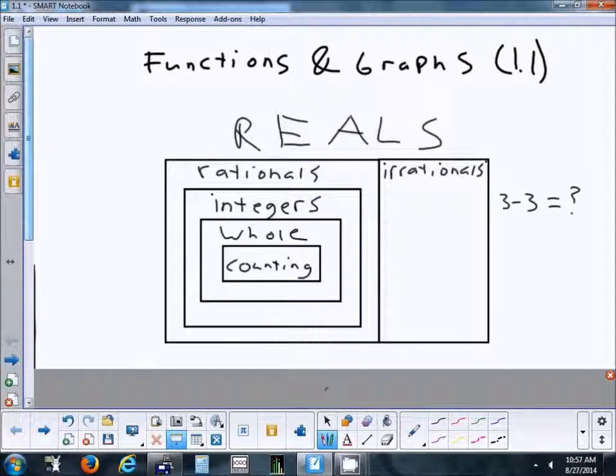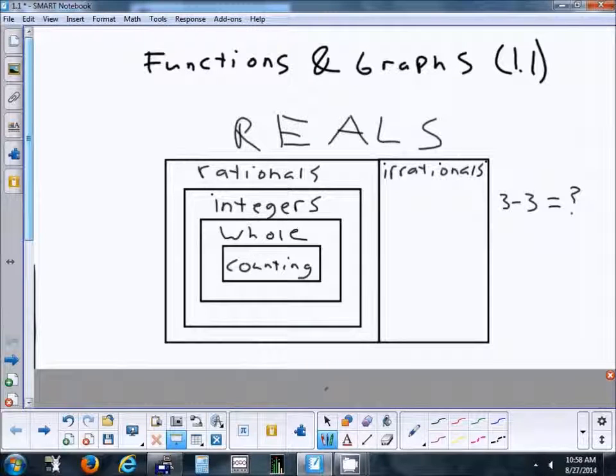No fractions, no decimals. Can anybody think of a problem we could still have, though, doing addition, subtraction, multiplication, or division? I'm thinking specifically subtraction, where you take a whole number, subtract another whole number, and something happens that we can't deal with using just whole numbers. We need this next set. Can you give me an example of how that could happen?